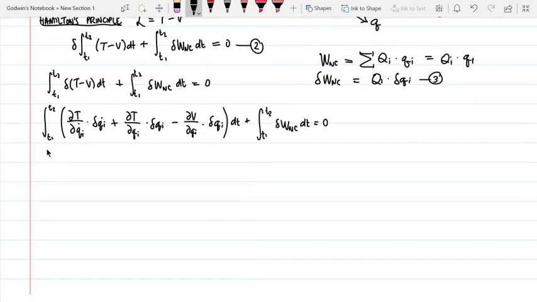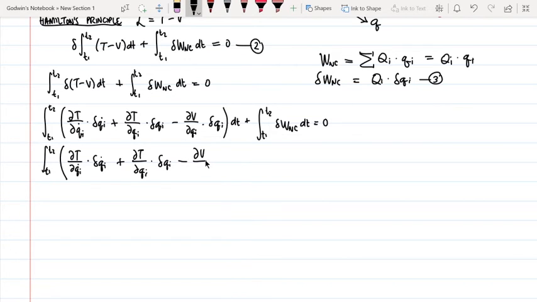All right, anyway, I should also combine them na since save space. From T1 to T2, we're just going to copy all of this first. Partial T partial Qi dot times delta Qi dot plus partial T partial Qi delta Qi minus partial V partial Qi times delta Qi plus, right?